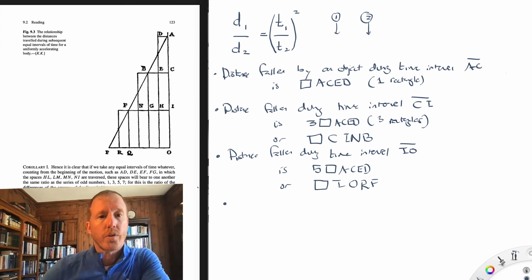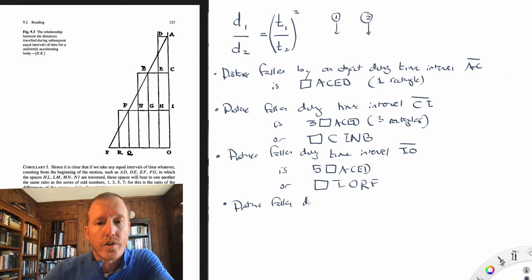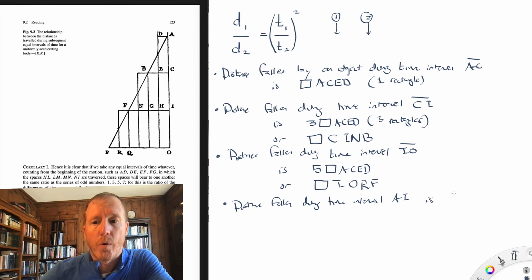But you could also sum all of these up and say, well, the distance fallen during the first time interval AC is 1 rectangle. The distance fallen during the time interval AI, that is the first 2 units of time, would be 4 rectangles.